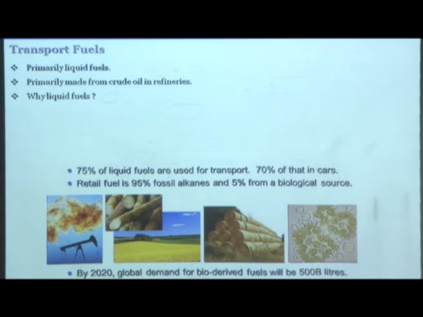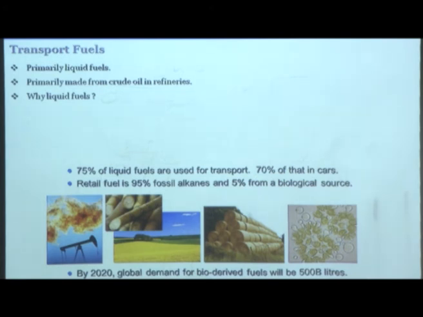Okay. And why liquid fuels? Because they are the most dense fuels available in the world in terms of energy. You will not have any other substance which will pack 36 megajoules of energy in 1 liter or 1 kilogram.